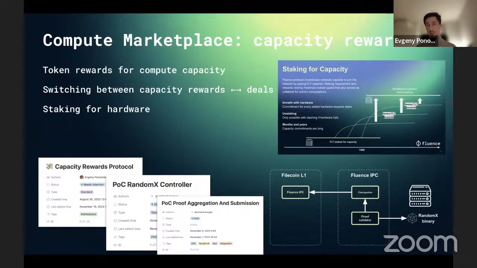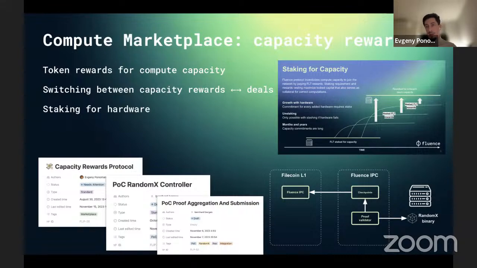So some functionality has been developed here. There is a token economics part here. Basically, providers would start by earning tokens, and whenever a customer comes, their compute unit is going to be switching to deals with the customer to serve the customer workload, and when the customer is done with the job, they can switch back and earn token rewards.